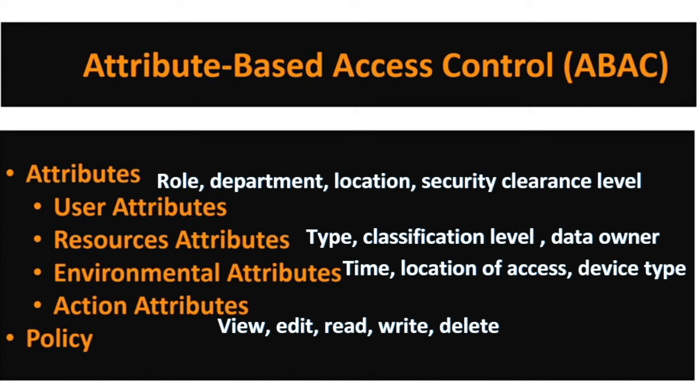Or I can create another policy saying only financial analysts may view reports related to clients in their assigned region, but cannot edit them unless they have managerial approval. So you get the idea, right? How I can create policies. So that is about attribute-based access control.